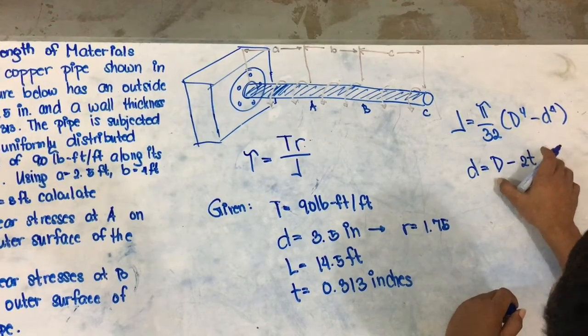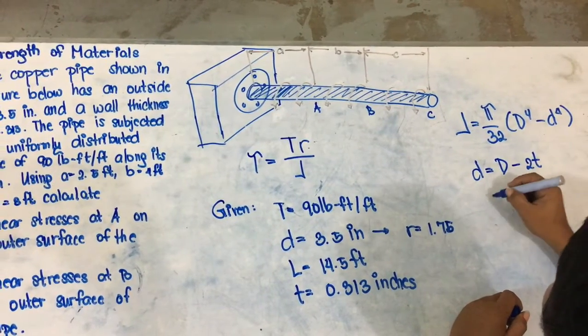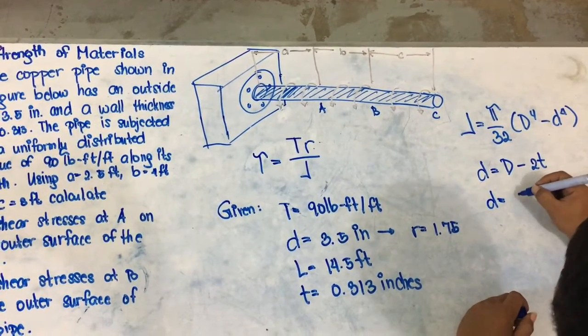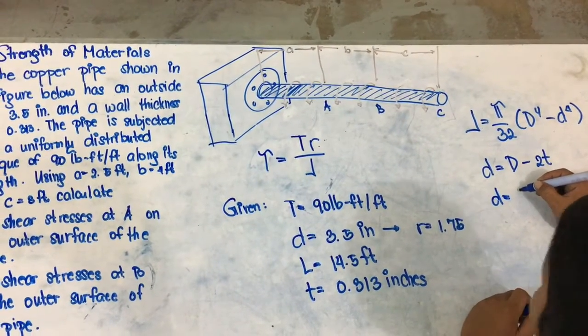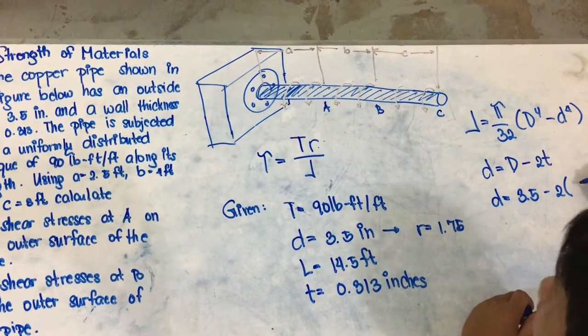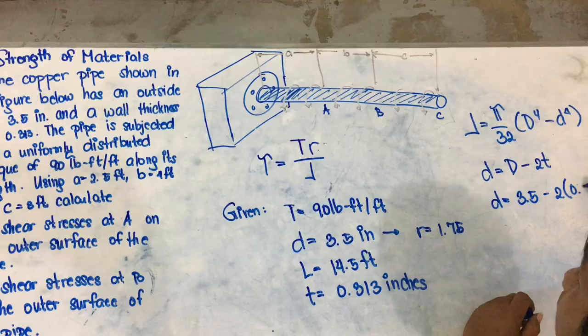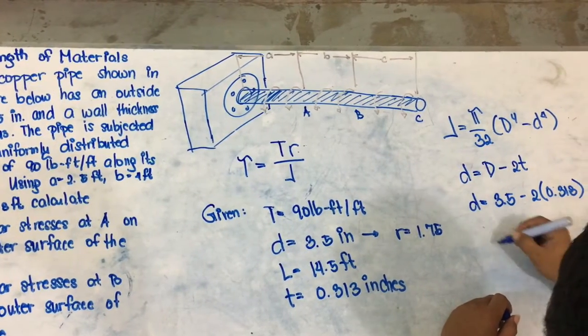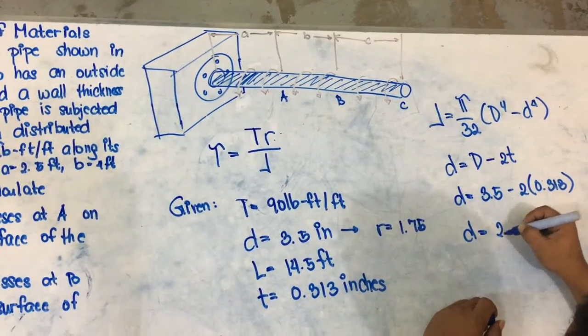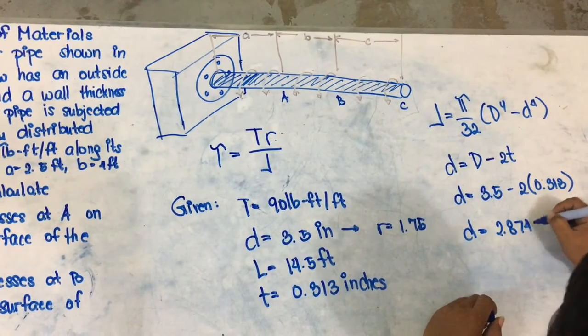Before substituting into the formula, we just need to compute the value of the inner diameter. We have an outer diameter of 3.5 minus 2 times the thickness, 0.313. Now we have the inner diameter, which is 2.874 inches.